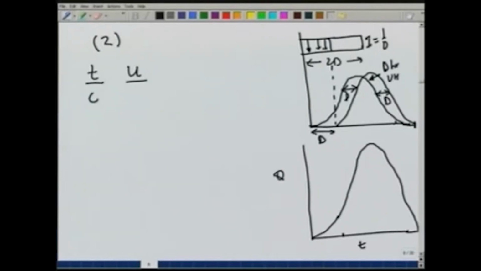So, we know the ordinates of it, and now I am showing here 0, D, 2D, 3D. These do not have to be at D, they can be half D, they can be 2D intervals, but let us for simplicity assume that the ordinates are tabulated at every D.